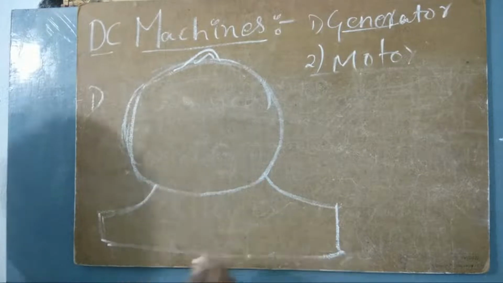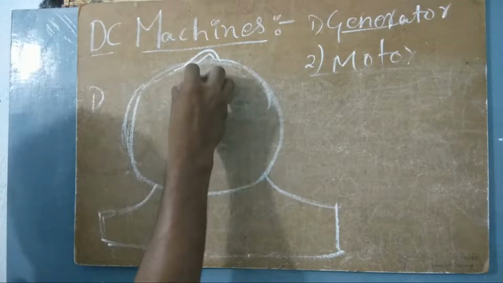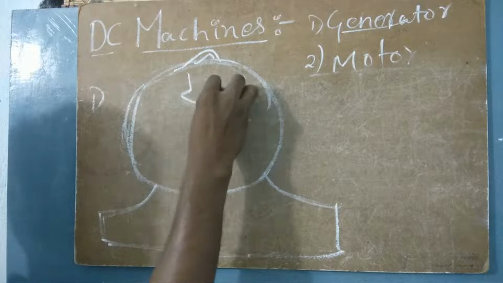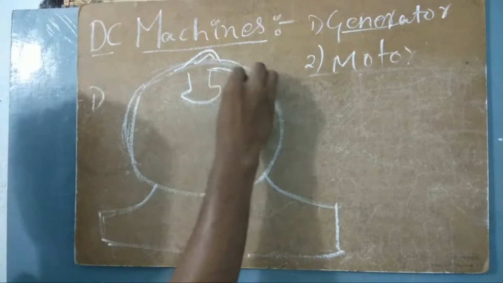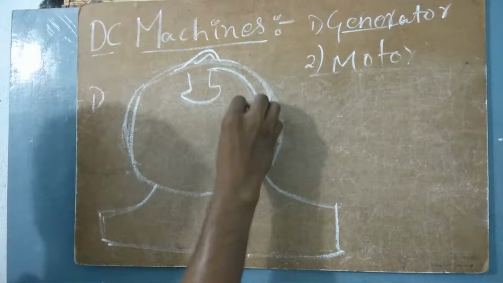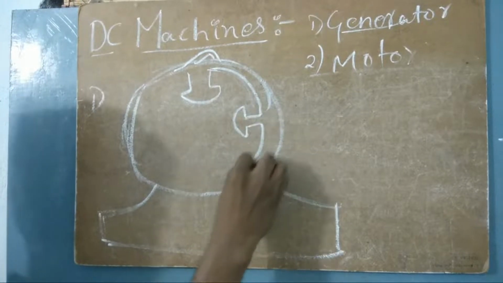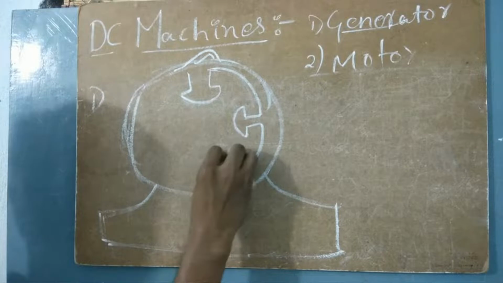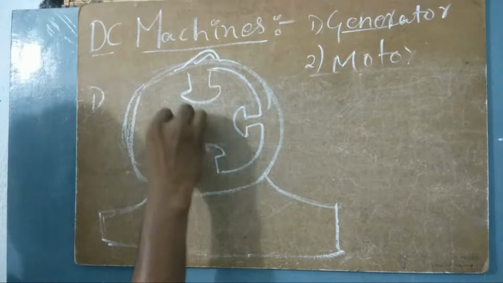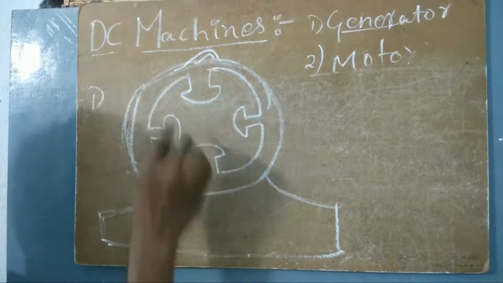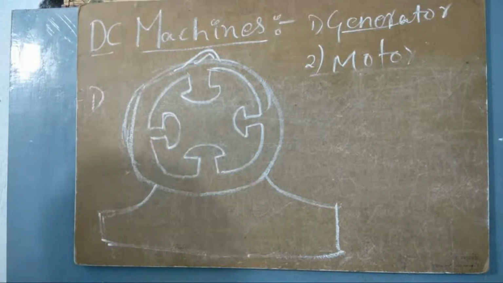So here, let us understand it very clearly. This is a normal diagram that I'm drawing here.